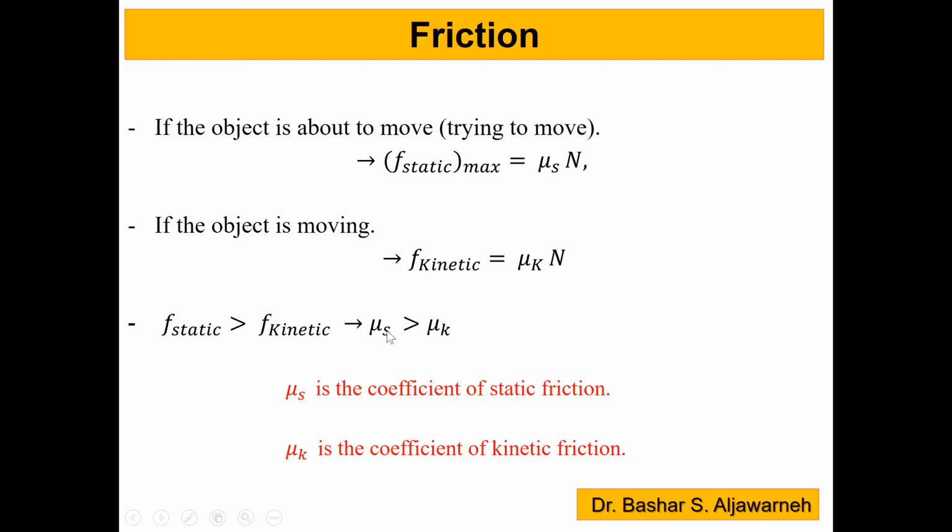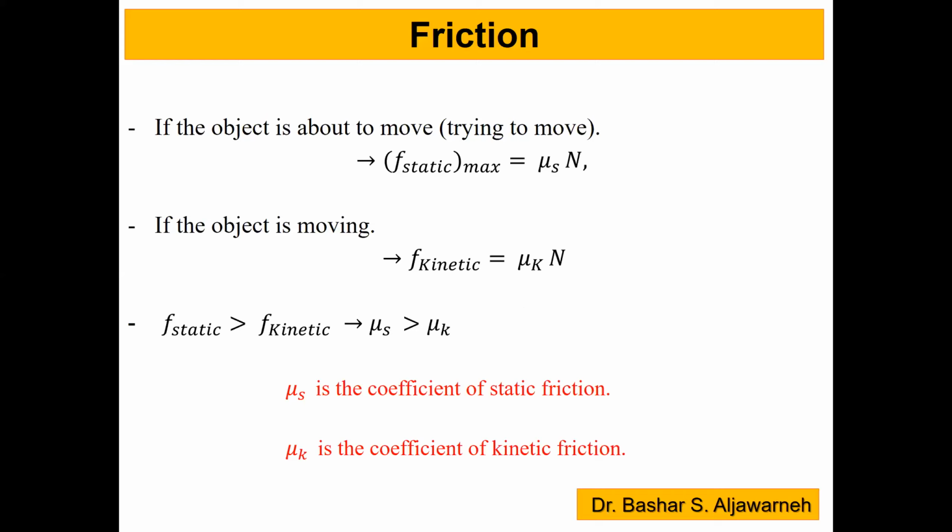The static friction force is always greater than the kinetic friction force. Therefore, if we substitute mu s times N greater than mu k times N, then the normal force on the right side cancels out with the normal force on the left side. We end up with mu s greater than mu k.